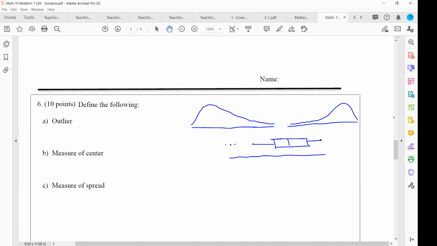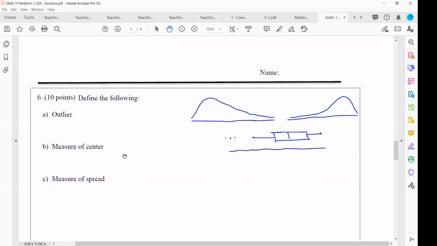For measure of center, you can define measure of center by defining the mean, mode, median. For measure of spread, you could talk about the range, inner quartile range, variance, and standard deviation.